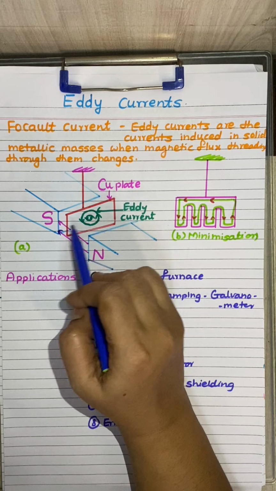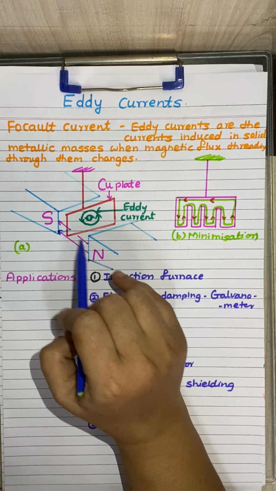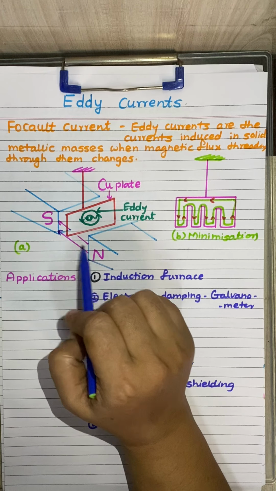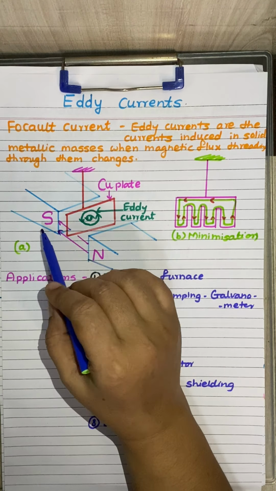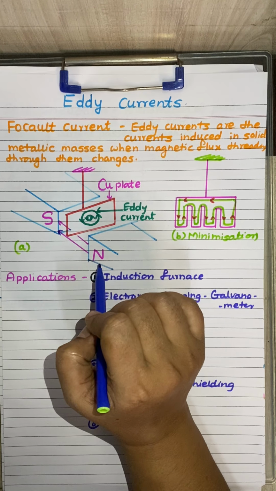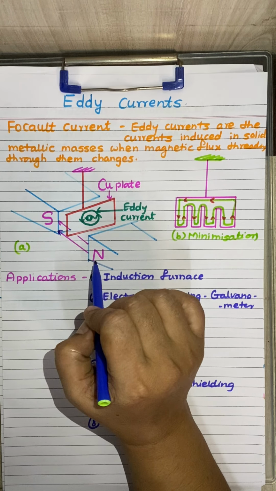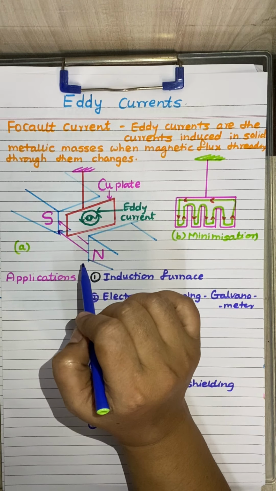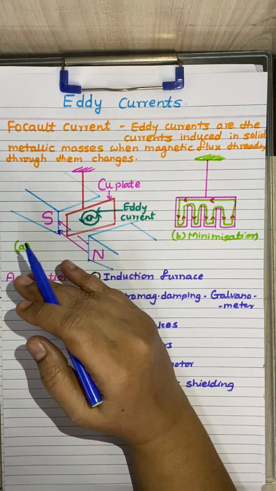It is free to oscillate between the pole pieces of the electromagnet, a strong electromagnet producing a stronger magnetic field. Whenever current flows through this magnet, then only it behaves as a magnet; otherwise it behaves as a normal coil. In the absence of any magnetic field, the pendulum swings freely.